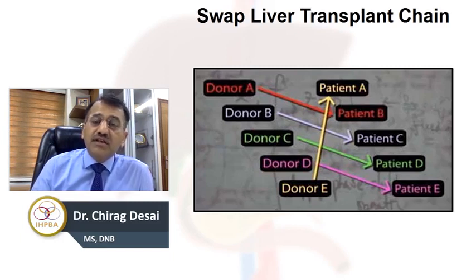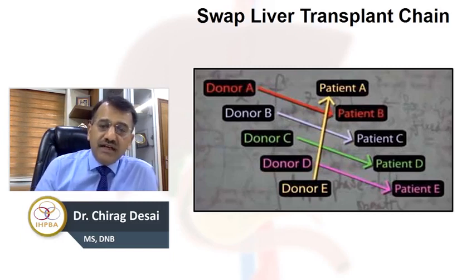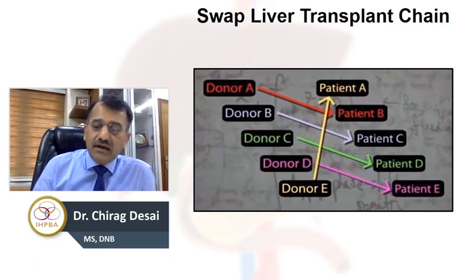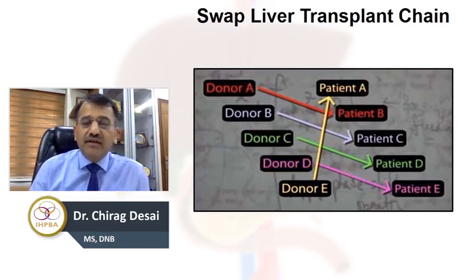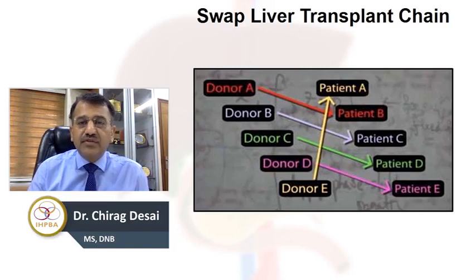However, this includes too many operations at a time, and it is not easy to do so many operations at one point in time. In case of swap liver transplant, it's very important that all the transplants are done at the same time, because then the possibility of one donor backing out after his or her recipient is already operated and has received a transplant from the other pair, that theoretical possibility is not there.